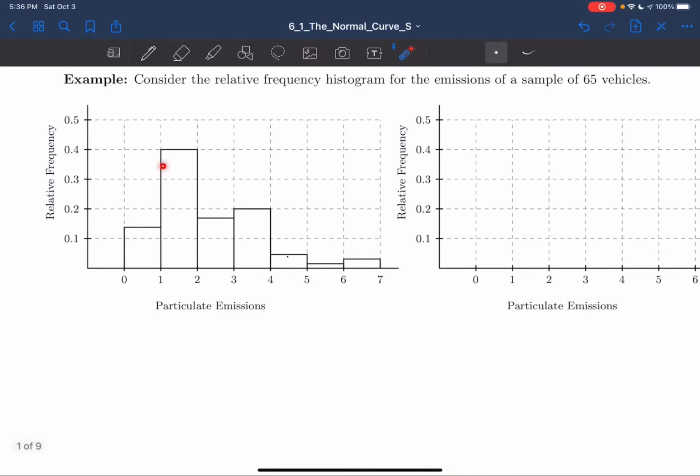Notice what happens if I increase my sample size. Instead of 65 vehicles, let's say I get a sample of 200. Then it's likely that the number of rectangles will increase. So these rectangles will probably get skinnier and skinnier.